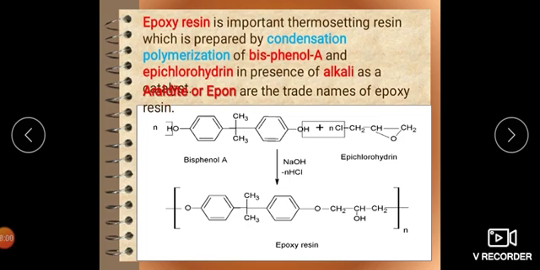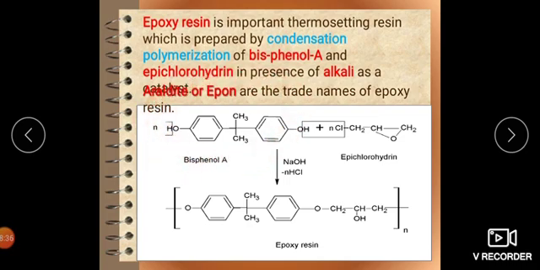First, in the synthesis of epichlorohydrin, it is prepared by the reaction between propene and chlorine at higher temperature. The epoxide ring is present in epichlorohydrin, formed by the reaction between propene and chlorine at high temperature. Then the second step is the synthesis of bisphenol.